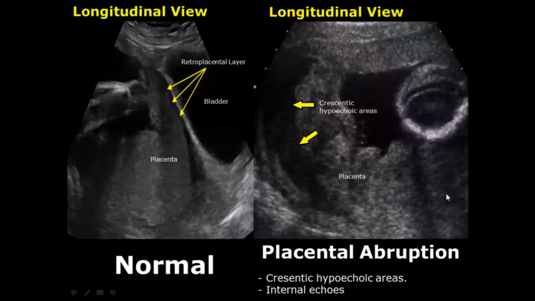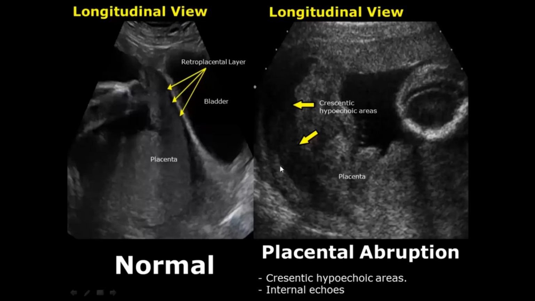Placental abruption is the premature separation of the placenta from the uterine wall. It is very difficult to diagnose on ultrasound, as it can be confused with other conditions such as retroplacental hematomas, but it has a few features.